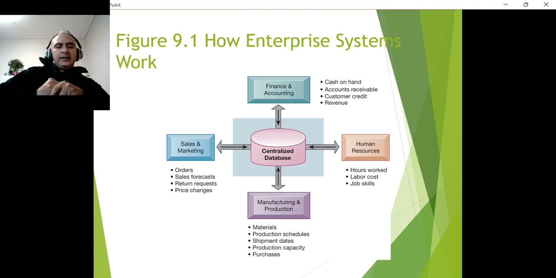And then one of the previous issues was that they were disconnected. The data was disconnected, and that causes a lot of data problems. We already have talked about data redundancy and data silos, particularly data silos, where all the information was kept separately. So what this ERP is doing is putting everything together.